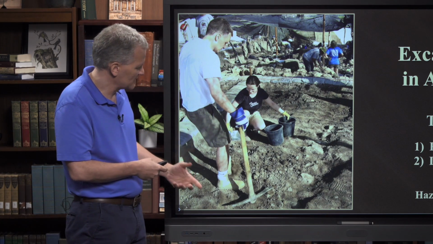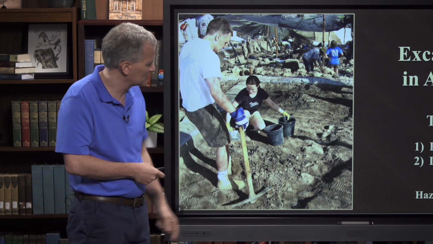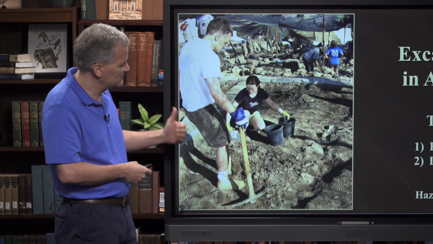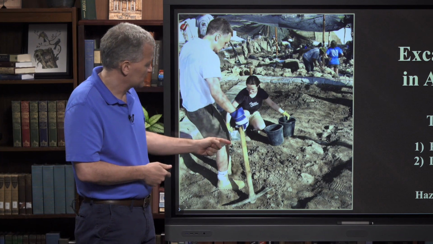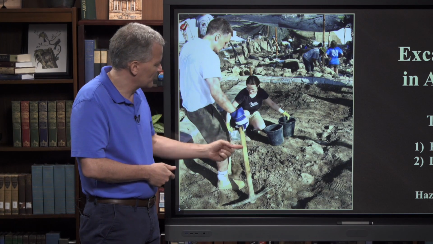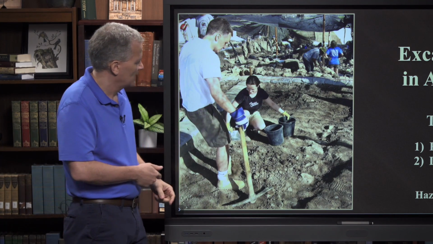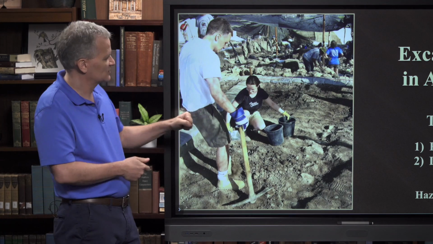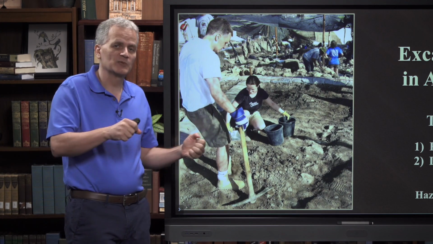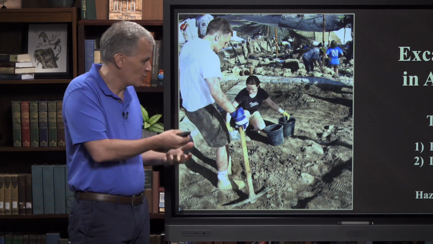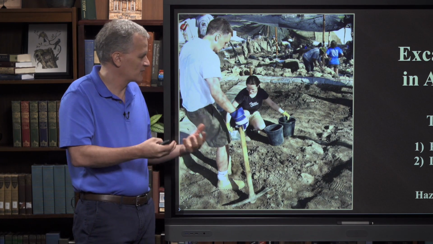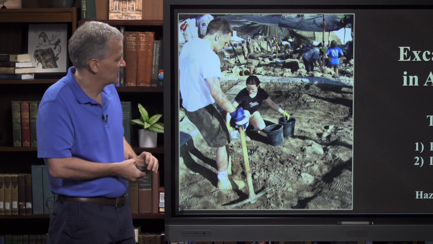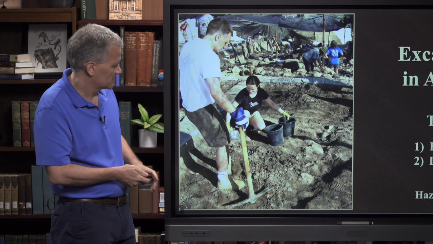So we have tools for the process. Obviously, a pick is your most important tool to be able to actually do digging, so you use that to dig down. And as you do that, you expose dirt, and the dirt is collected into buckets such as these, taken away, and then it's sifted to be able to see what kinds of items may be found, such as scarabs and other things inside there that can be important finds.